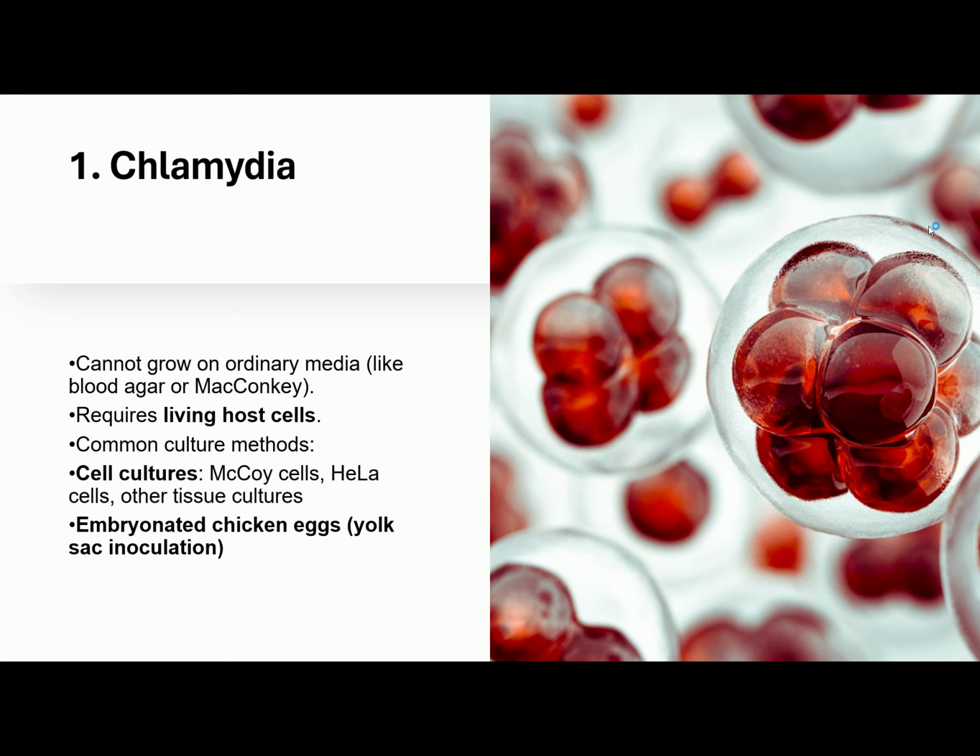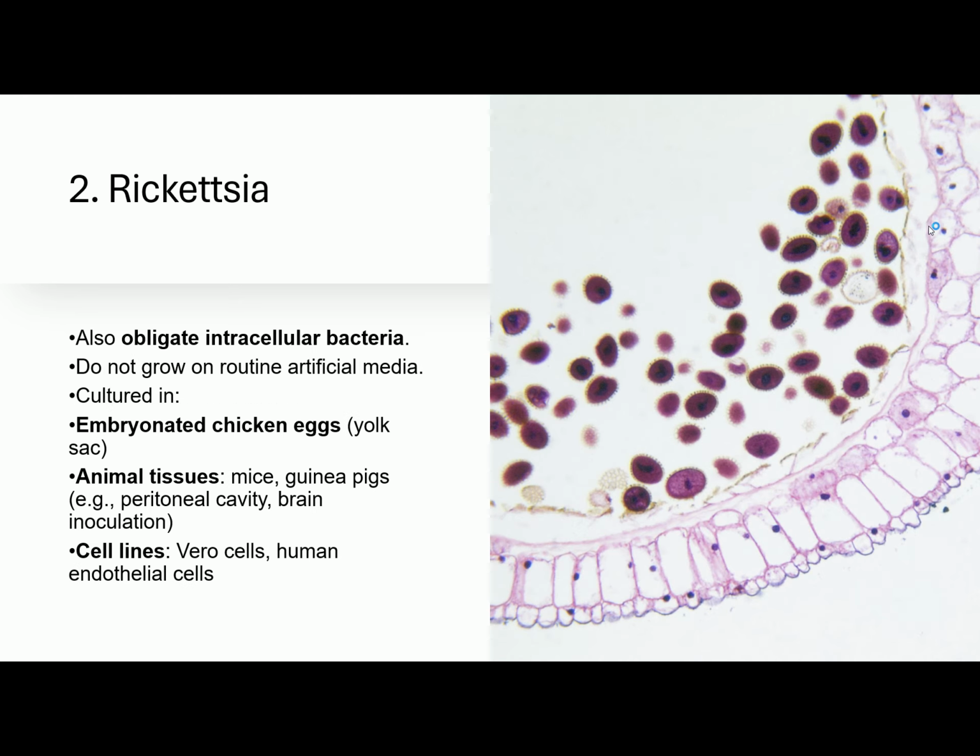Now let's talk about chlamydia. They would require living host cells. Common culture method: they would grow on cell culture lines, McCoy cells, HeLa cells, or other tissue culture. It would also grow on embryonated chicken egg, specifically on the yolk sac.